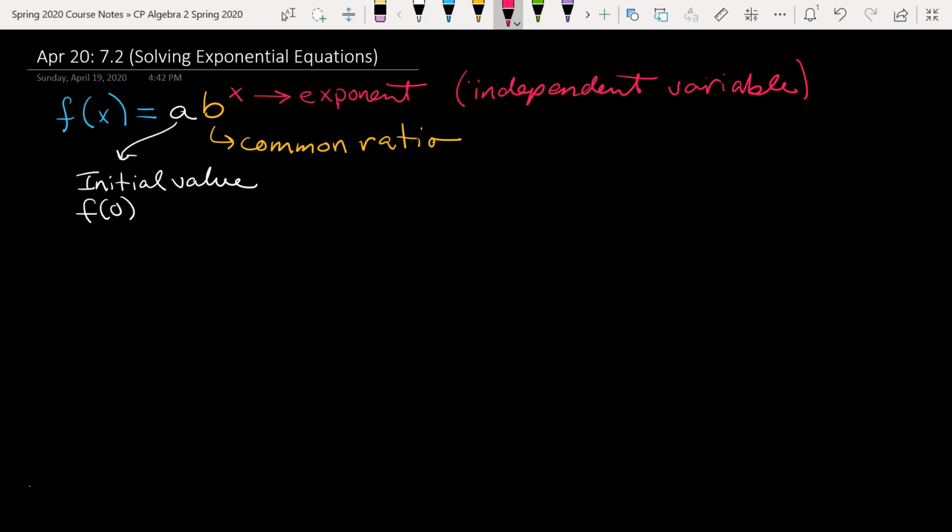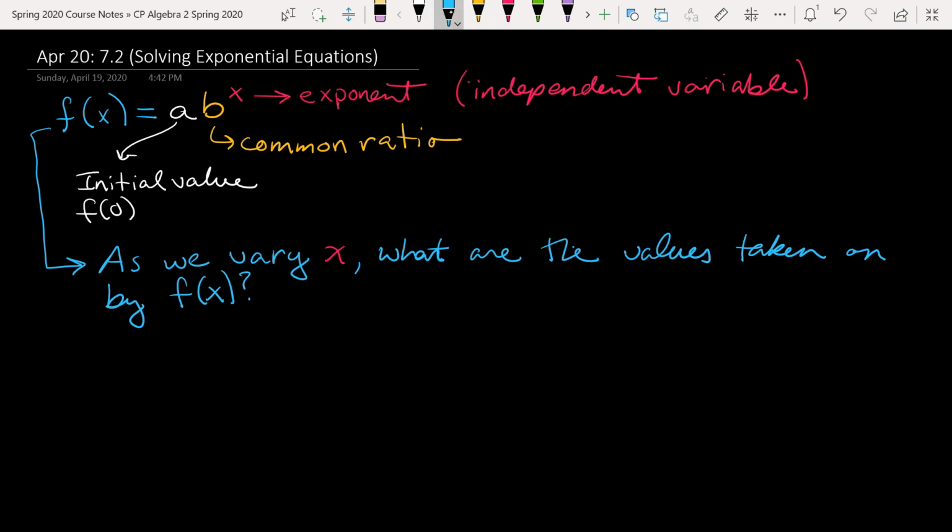So this function's really asking us a question. Now this is the same question we ask in every function, but x is in a different place here. Now we have x in the exponent. So as we increase x and we multiply by b more and more times, f grows, as we say, exponentially.